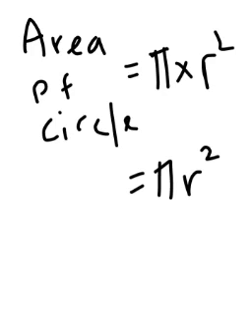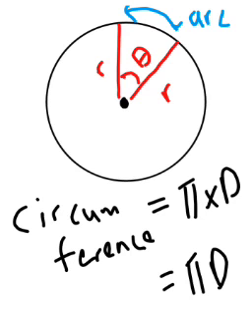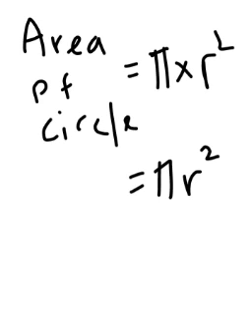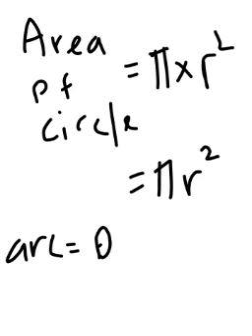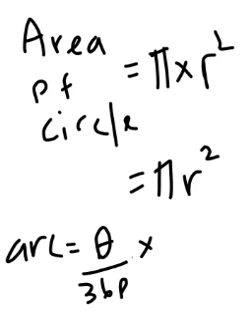And then, earlier we were talking about the arc. There is also a formula for arc. For the arc formula, we take theta over 360 times pi d.